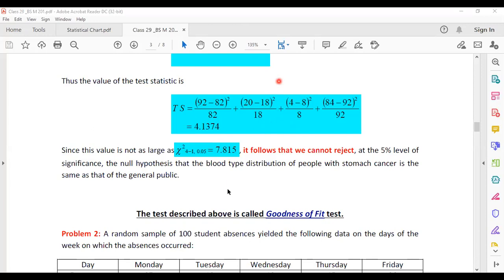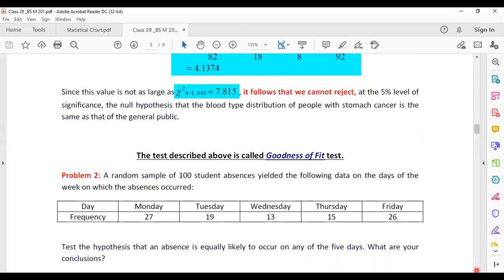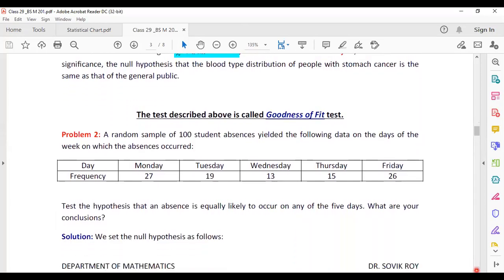And here in problem number 2, I have set another example, which first of all I'm going to explain manually, and then I'm going to show how to use mathematical software to find the chi-square statistic. This particular problem is also an example of a chi-square test of goodness of fit.